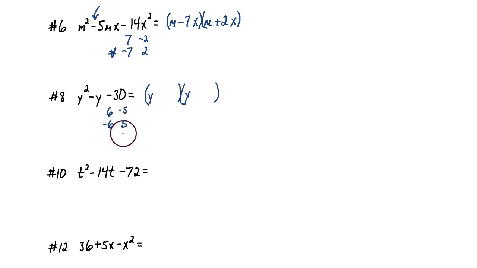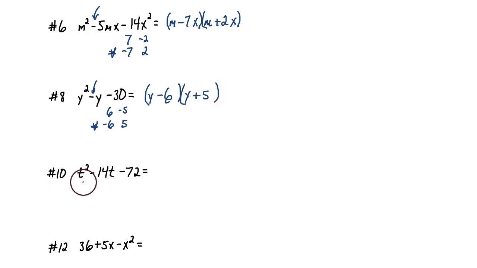There are more, such as 15 times negative 2 or 30 times negative 1, but let's see if either of these is correct. We want to combine to negative 1. That's this choice. Negative 6 plus 5 is negative 1. Fill in the minus 6 and fill in the plus 5.